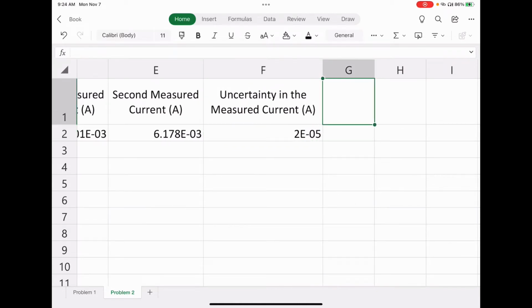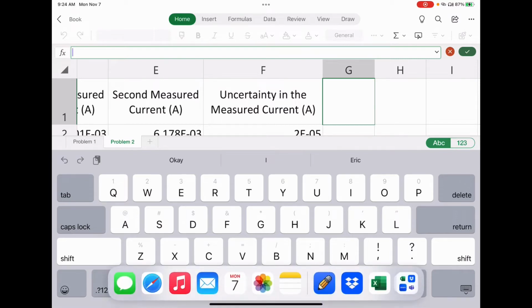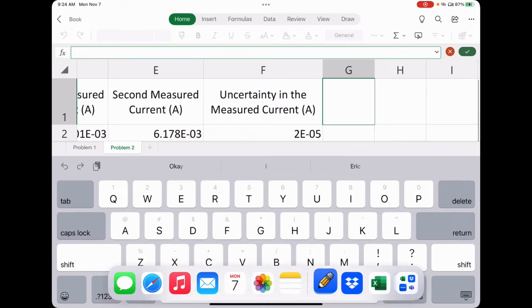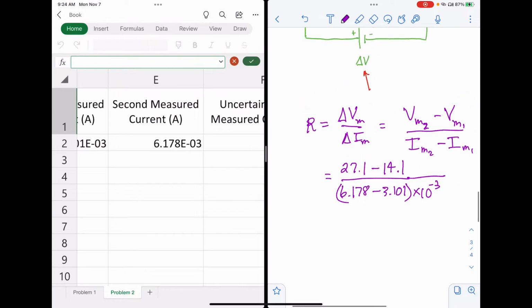And so now let's go ahead and calculate the measured resistance. All right. So we know that it's just a slope, and we spoke of this a little bit earlier. And I'll just pull this over to the side here, and we could see the formula here.